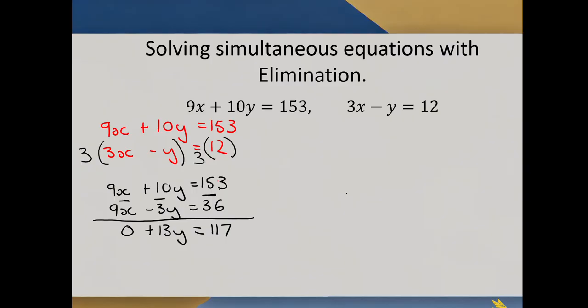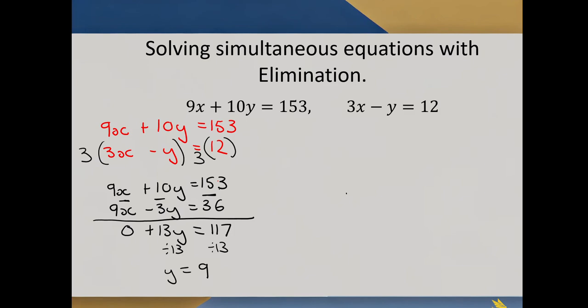Okay. The next thing I'm going to do is, I've only got 13y is equal to 117, so I just need to do the same thing on both sides to get y by itself and divide. So that will give me 117 divided by 13 is equal to 9. Now I know what y is, I just need to plug it into one of these equations.